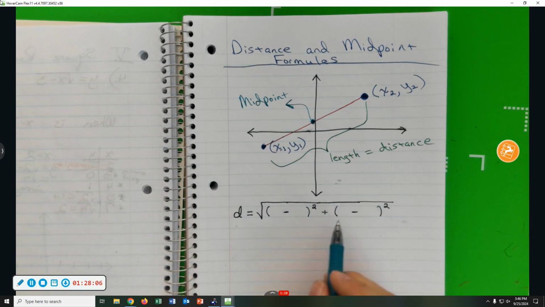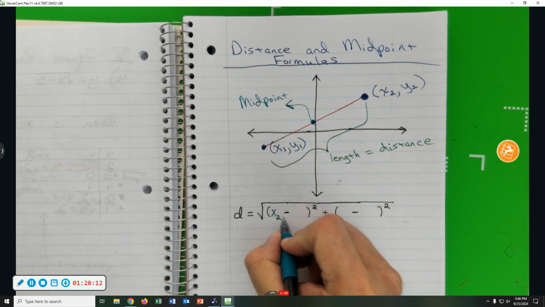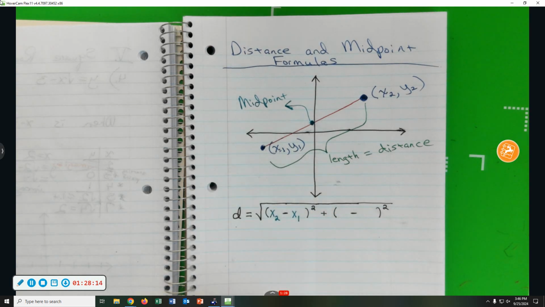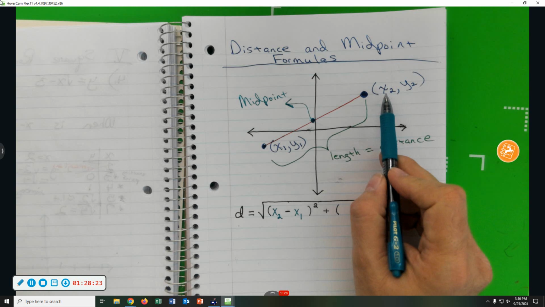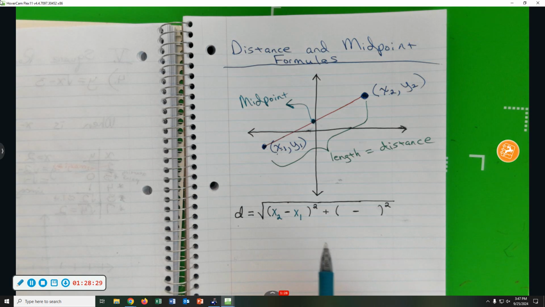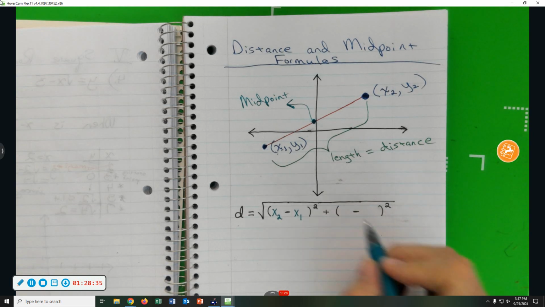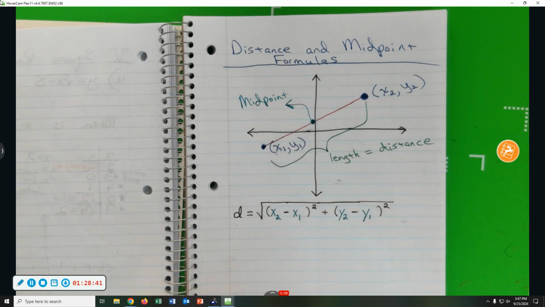Inside these parentheses, you're going to subtract the x values: second x minus first x, squared, plus, again, today I'm all about patterns. We went second x minus first x in this first set of parentheses. Do y'all want to guess what's going to go in the second set? Look at the pattern. Perfect. y2 minus y1. So that's that formula, and I'm going to do some examples with it in a moment. We'll calculate that distance.